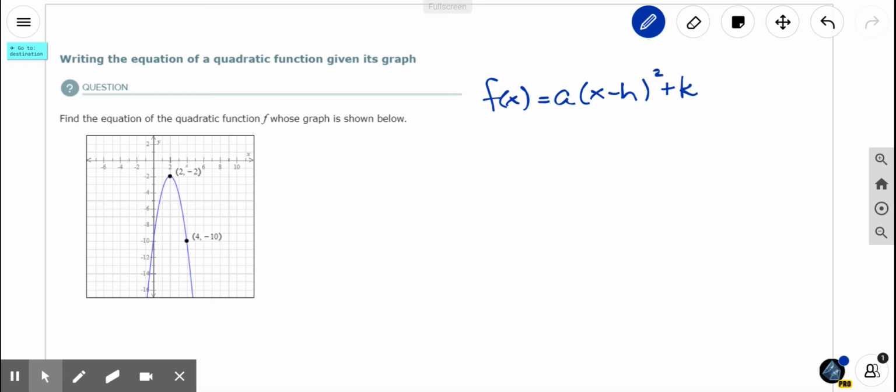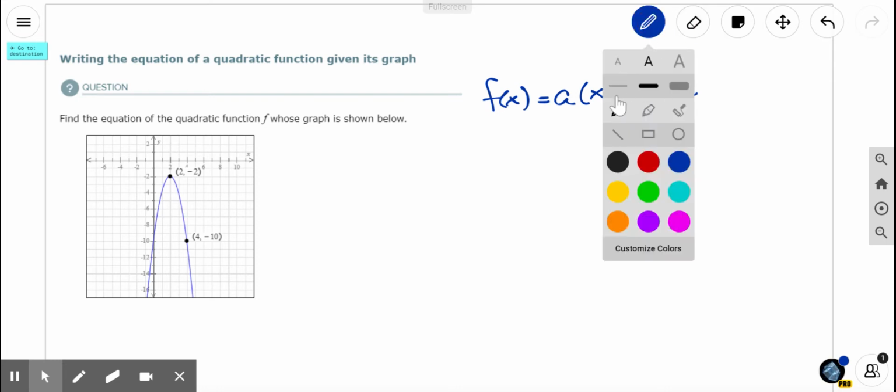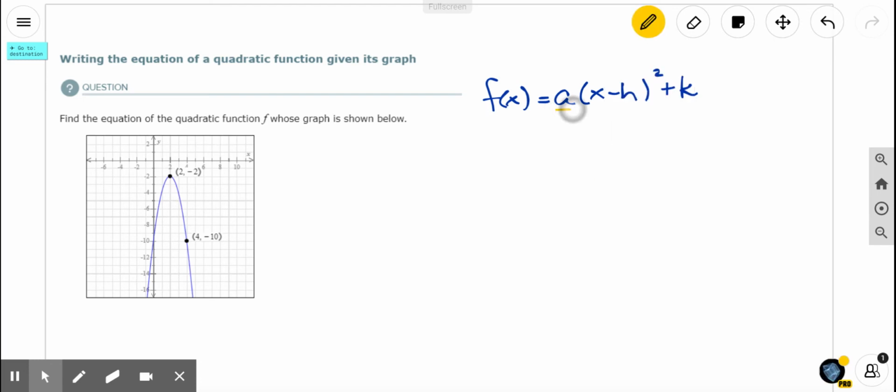Okay, what do I need? The only thing I need to write the equation of this quadratic is I need h, I need k, and I need a. If I have those 3 numbers, I have the equation. Well, look, they gave me the vertex, so I can plug that in.